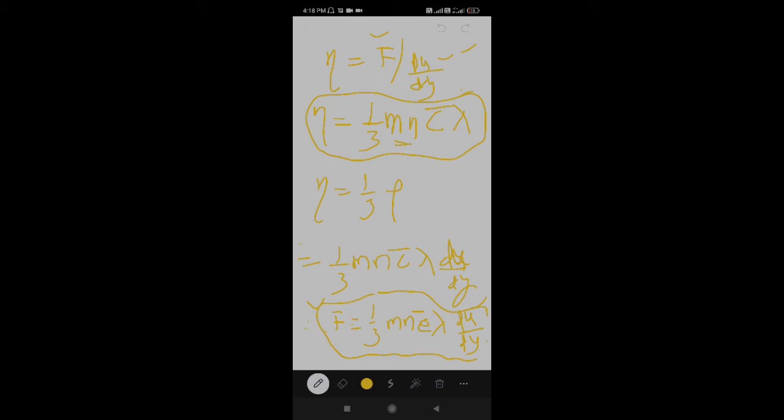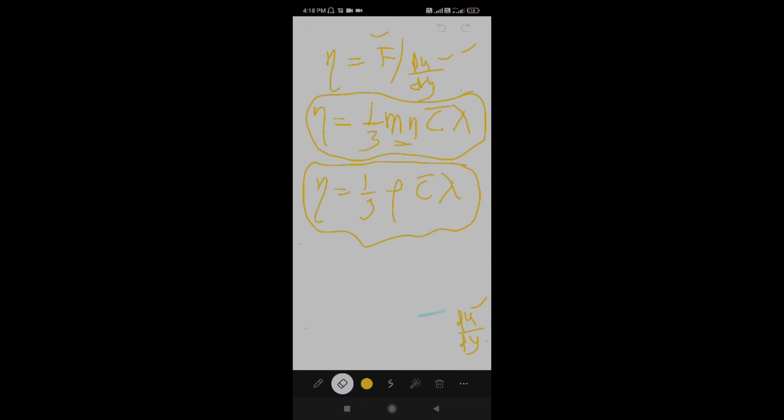So you may also express the coefficient of viscosity as 1/3 rho c bar lambda. Rho is the density of the gas, c bar is the average velocity of the gas molecules, and lambda is the mean free path.